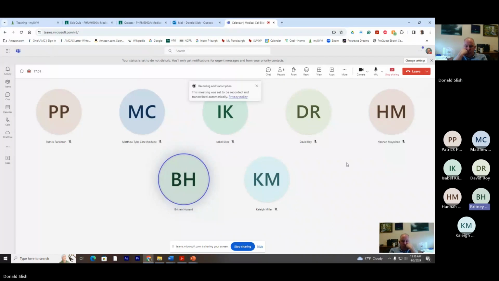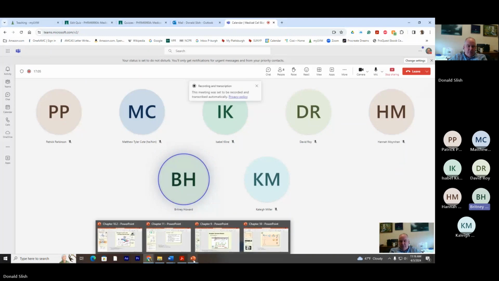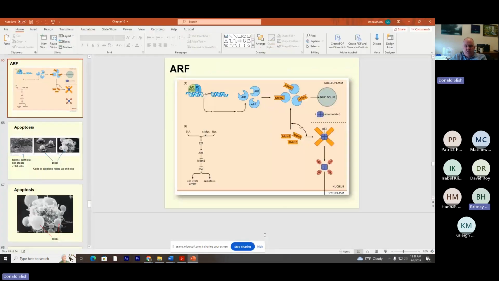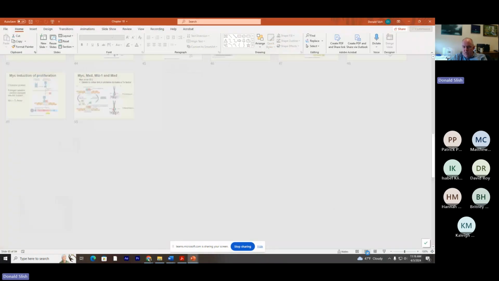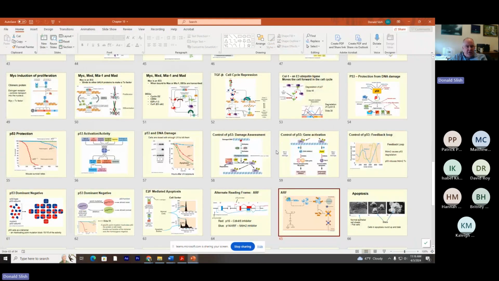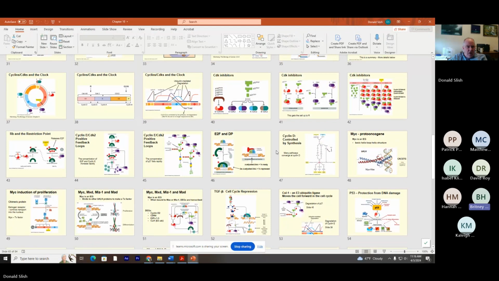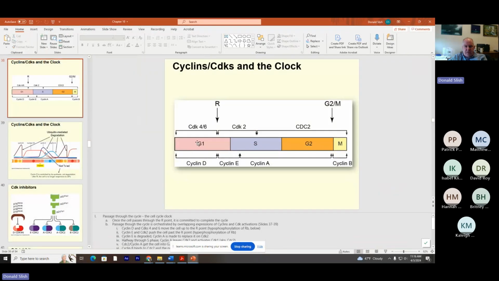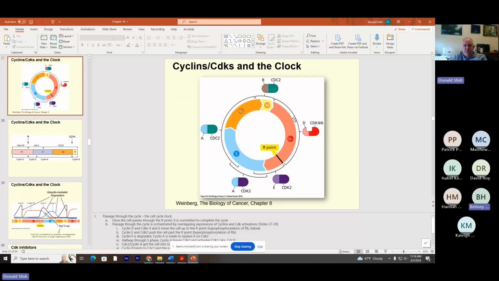So can you just review again why you started with the CDK4/6? Absolutely. I mean, it's a cycle. You can start anywhere. But this is why I started there. I'm like, what happens when you start here? You go from here forward. Same thing if we started here and went forward.